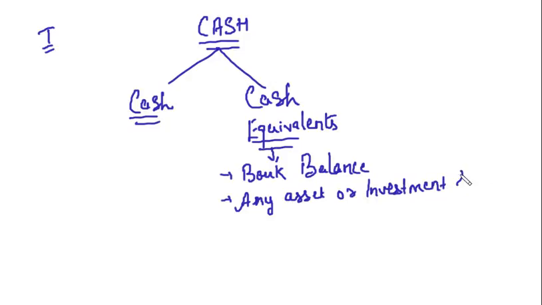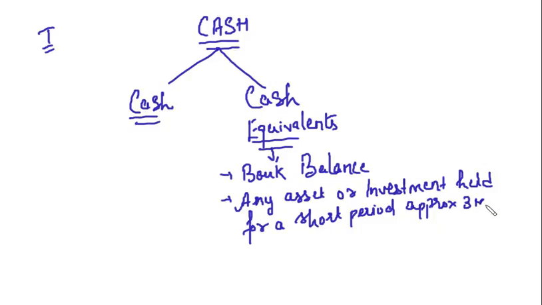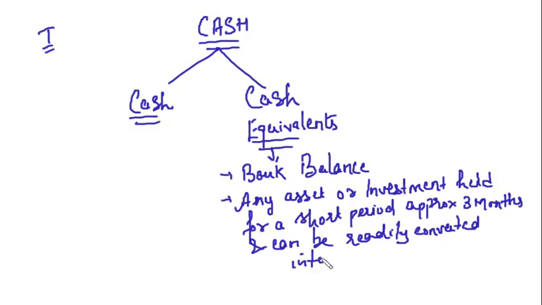Held for a short period. What is the short period? Approximately 3 months, and which can be readily converted into cash. Clear? What are cash equivalents?